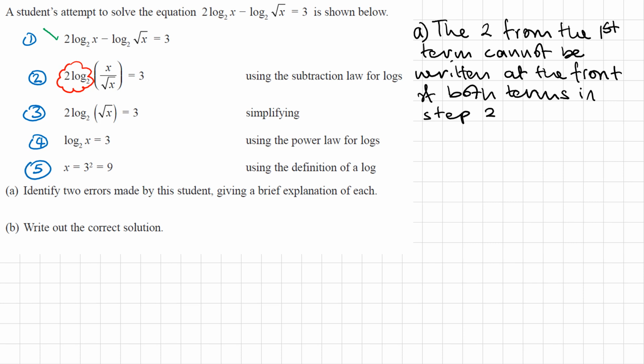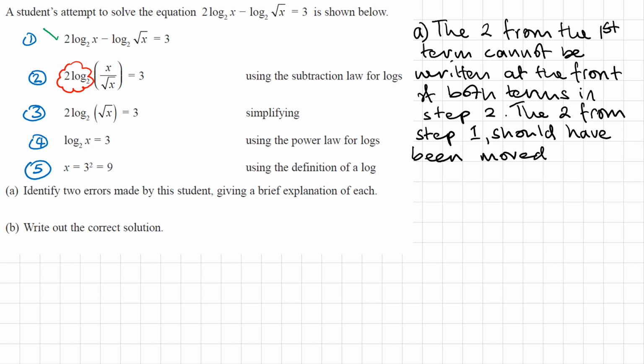I guess another way of saying that is that the 2 should have been moved and written as x squared here. So I'll write that down as well. The 2 from step 1 should have been moved to make x squared.